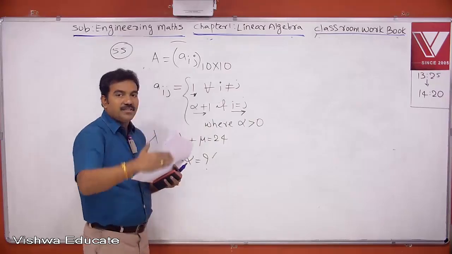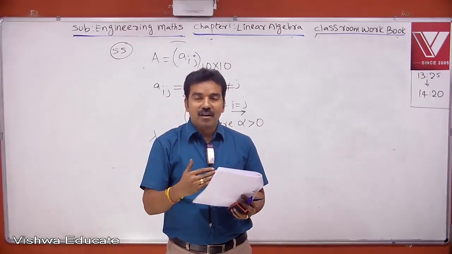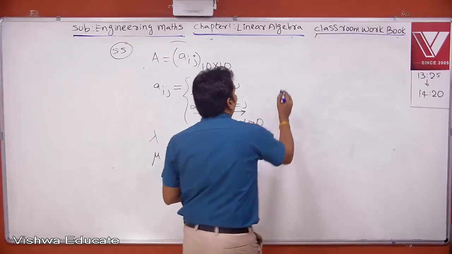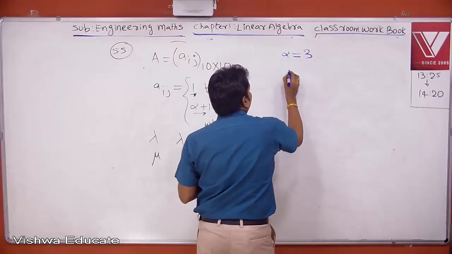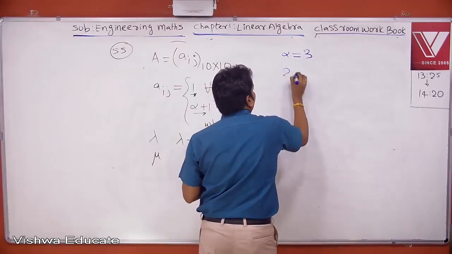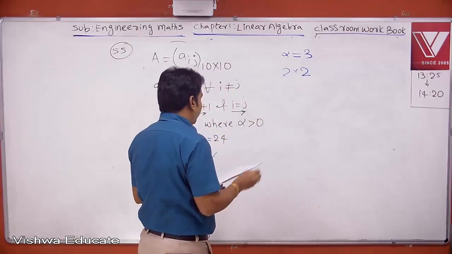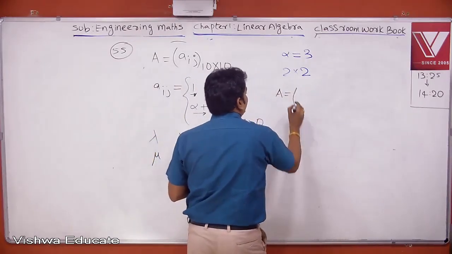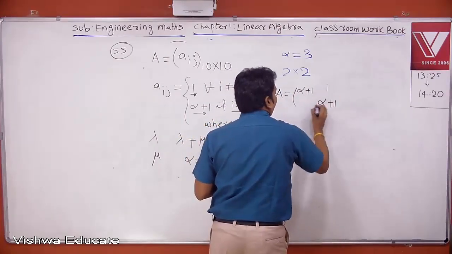Now let us reduce this question to smaller versions without changing the meaning of the question. Suppose I am taking alpha equal to, for example, 3, and a 2 by 2 matrix. Now in this case, my matrix is A equal to alpha plus 1, 1, 1, alpha plus 1.